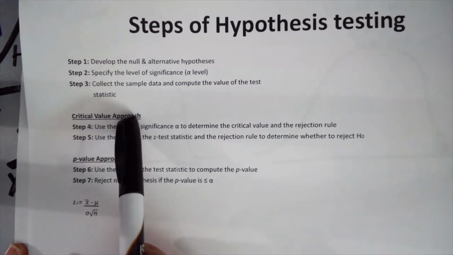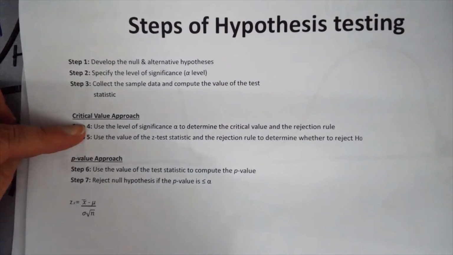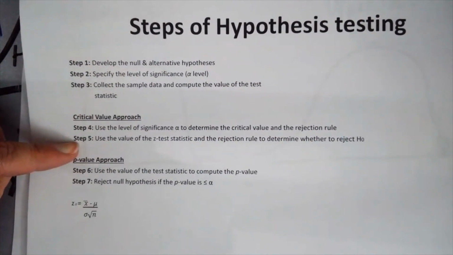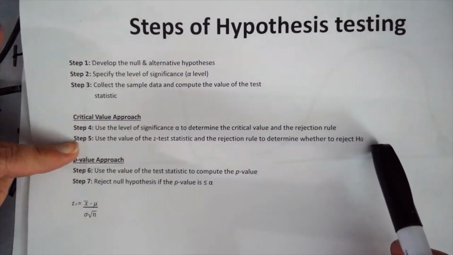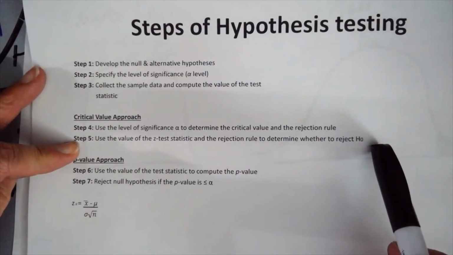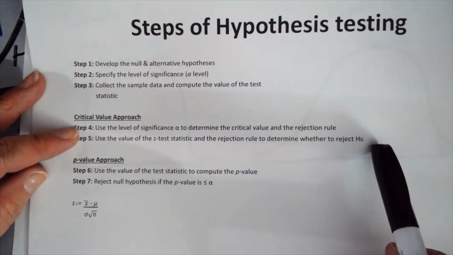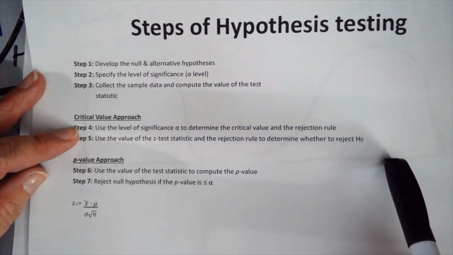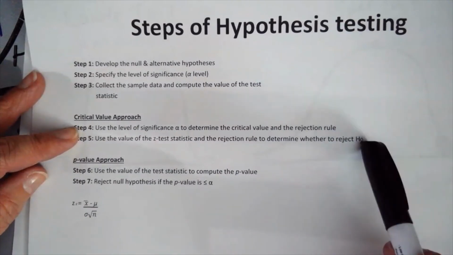For the critical value approach, you're going to use the level of significance to determine the critical value in the rejection rule. In this case, our test statistic was negative 2.67. Negative 2.67 is indeed less than our negative 2.33 for our critical value.